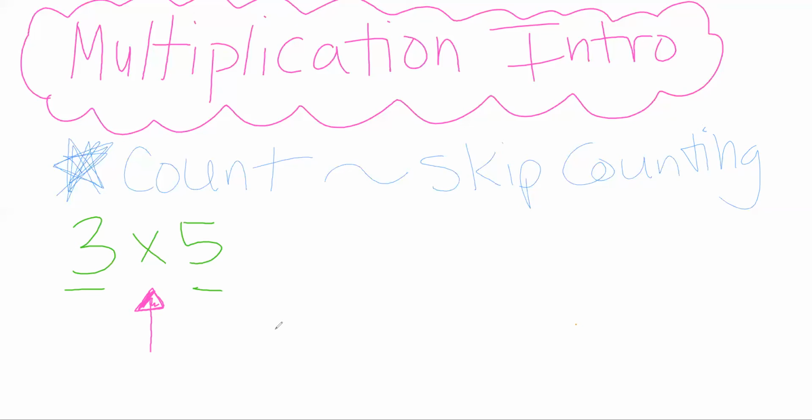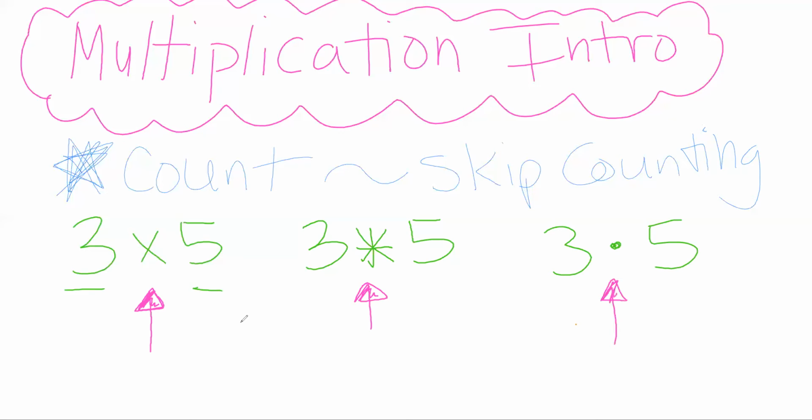Later, as we become more advanced with multiplication, we like to use the star. And there's reasoning for this, and you'll see this as you move along into 4th, 5th, 6th, 7th, 8th, 9th grade. And we also can show multiplication with a dot. So all 3 of these are very acceptable ways, and I think it's really important to know that right away.